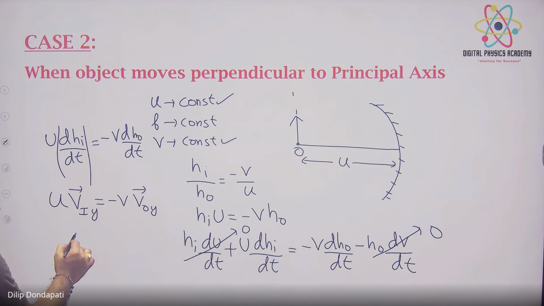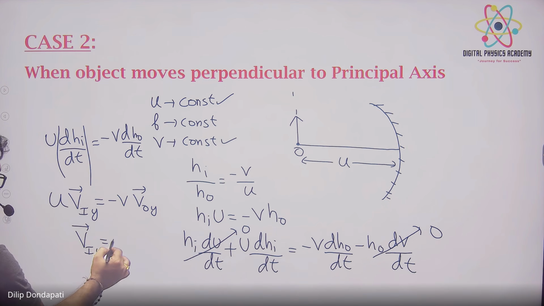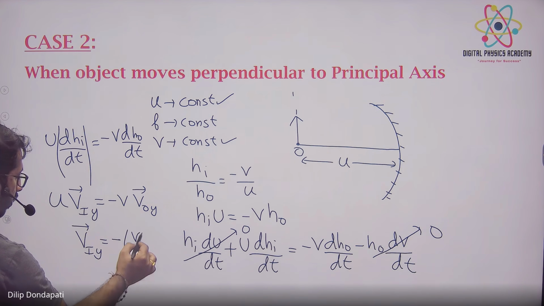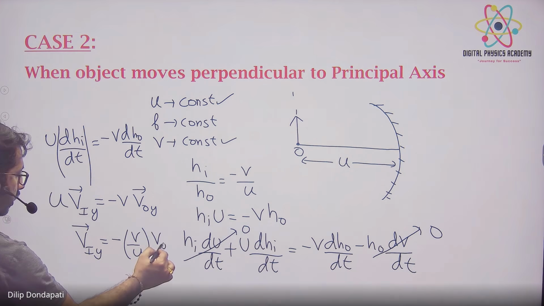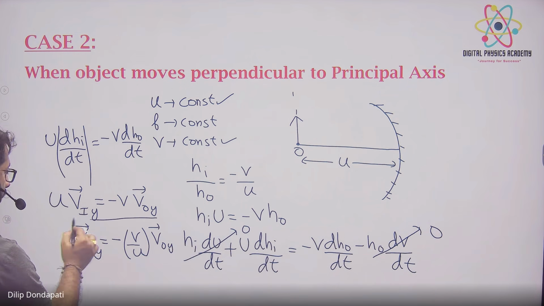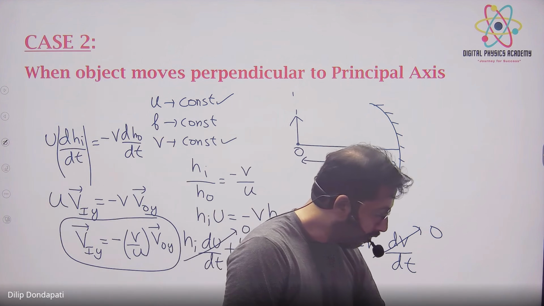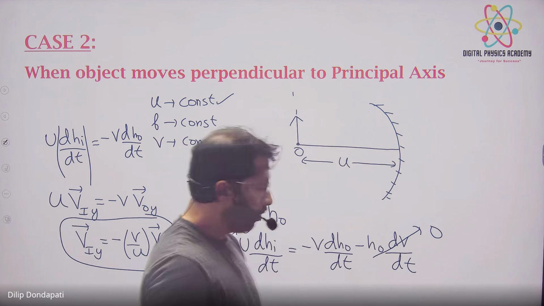Therefore, velocity of image in y direction is equal to minus v by u into velocity of object in y direction. Okay, so this is the formula we have to use in the y direction.